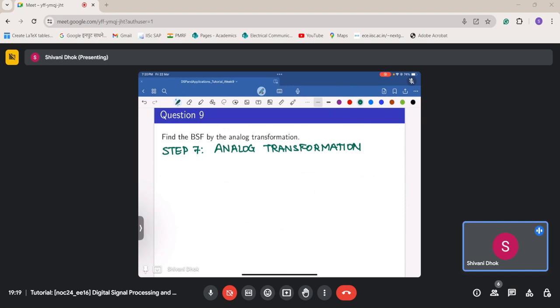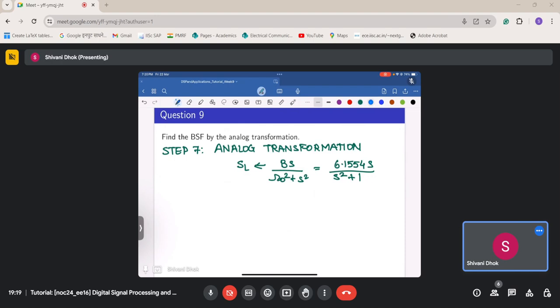For this we replace the s variable in H analog of s by Bs upon omega naught square plus s square, which we found as 1.554 s upon s square plus 1. So we need to replace it by this factor.